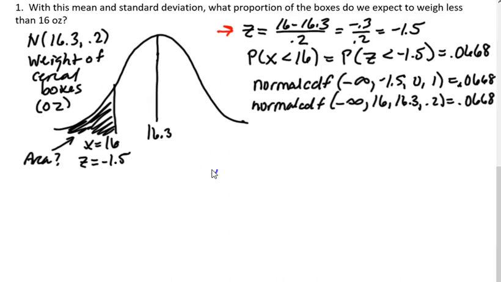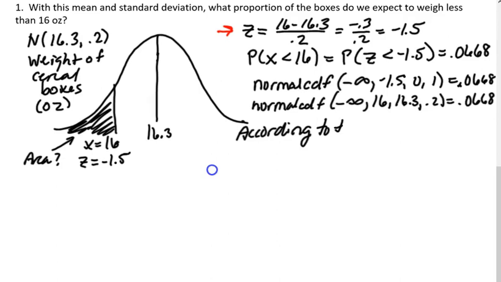Now, I need to answer the question. Because I'm dealing with a model, I want to hedge my bets a little. I'm not saying this is exactly how many cereal boxes, or exactly the percent of the cereal boxes that are below 16, but I'm saying I'm using the normal model to approximate it.